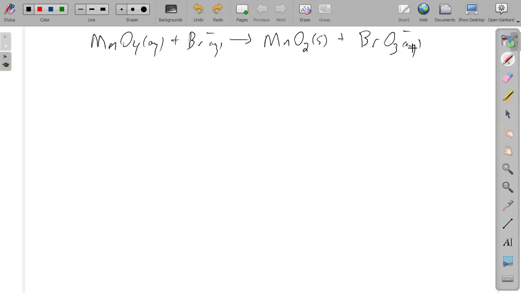So again, just like before, we're going to break this into 2 half reactions: the manganese-containing species and the bromine-containing species.